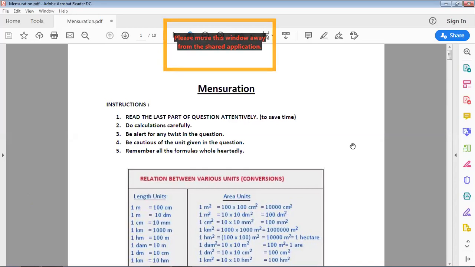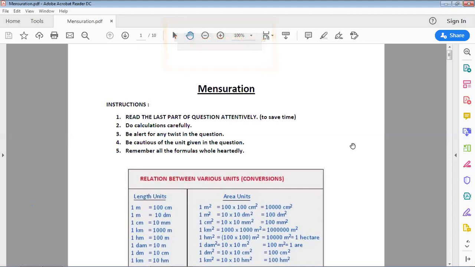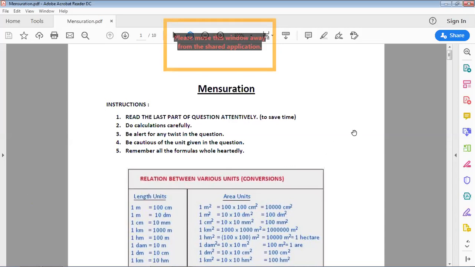Any doubts or anything you want to ask me, any tips or tricks, I can suggest if I know. You guys are free to go. Yes, I will be providing these PDFs to you guys.